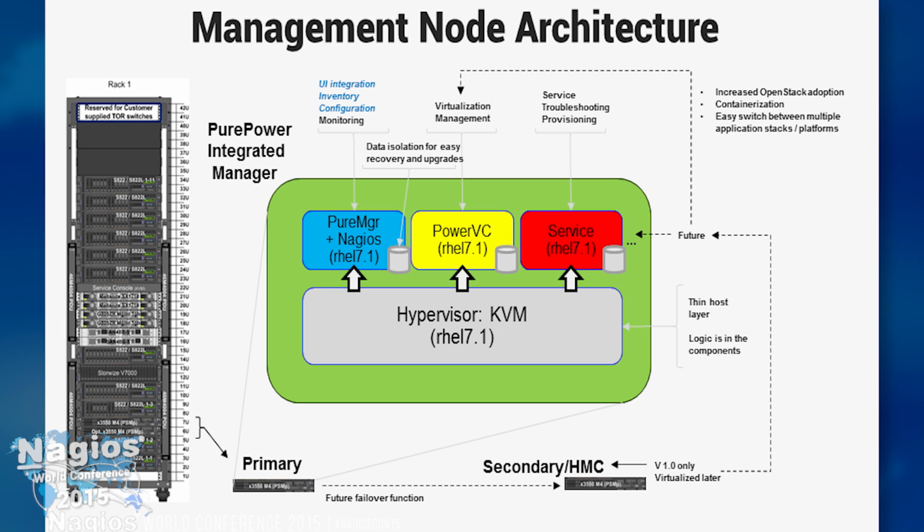From that application, you can initially see if there are any problems on Nagios, and then you can launch directly to the HMC, to the V7000 user interface, to the other firmware and applications running in the stack, and to PowerVC as well, of course.